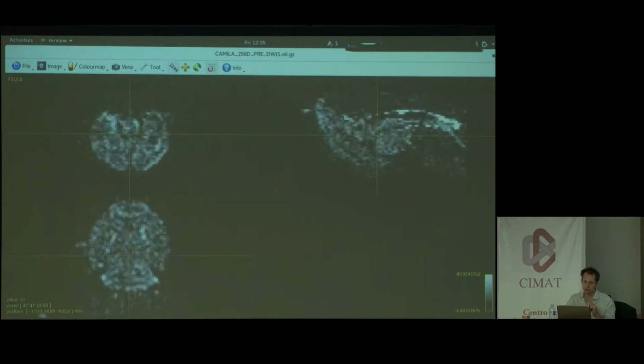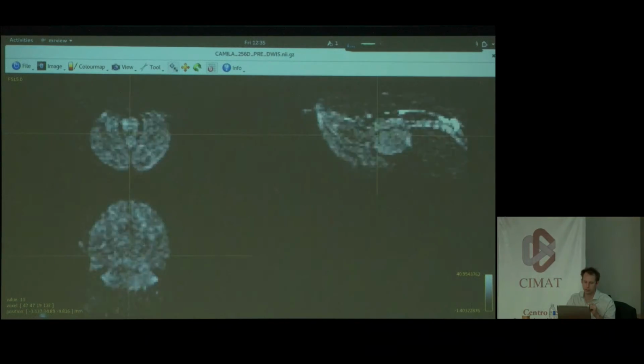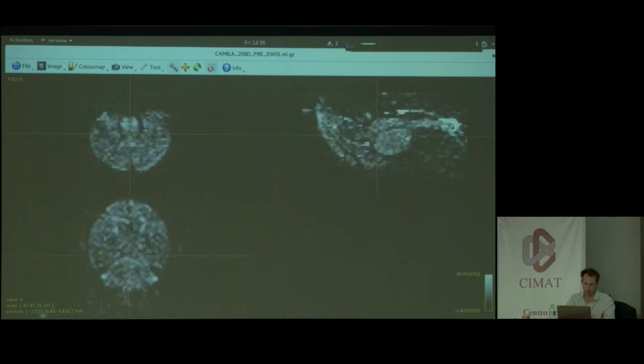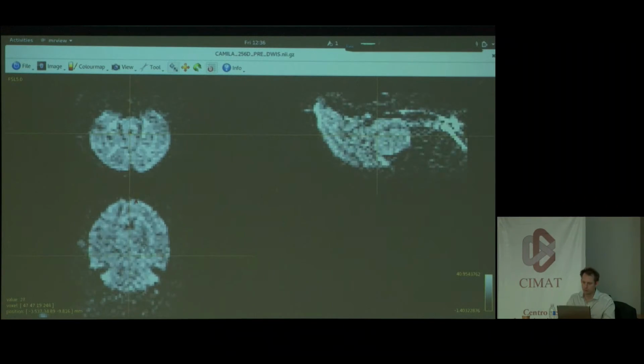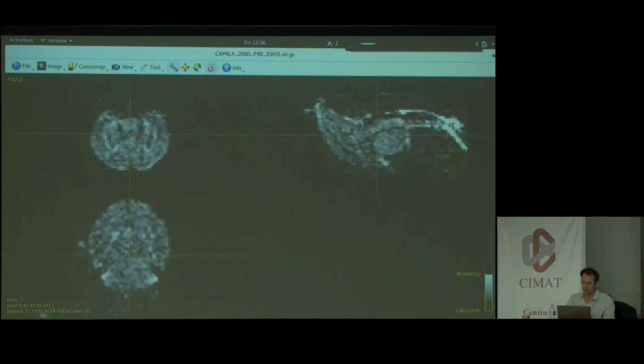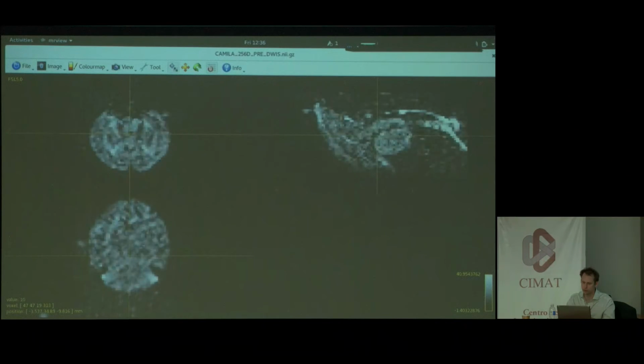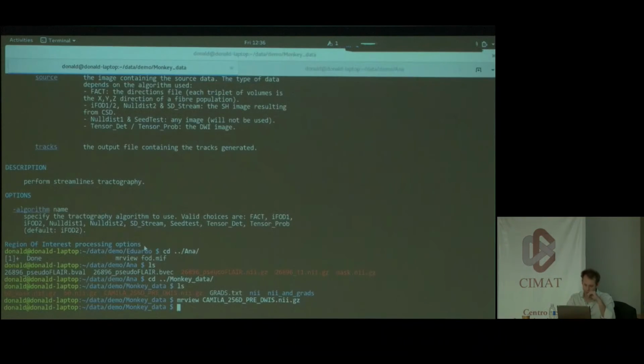But otherwise, it's all fine. There's several b-values in there, I think. And I'm guessing this is sedated or something because it's not moving at all. Perfect. Beautiful. So let's have a look at what we have in terms of the gradient directions and everything else.